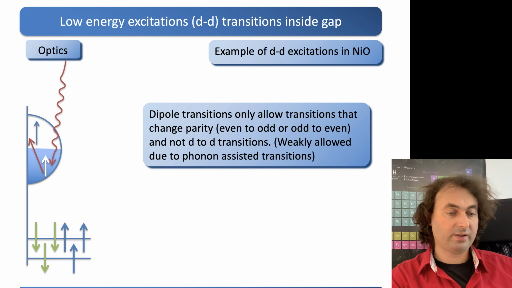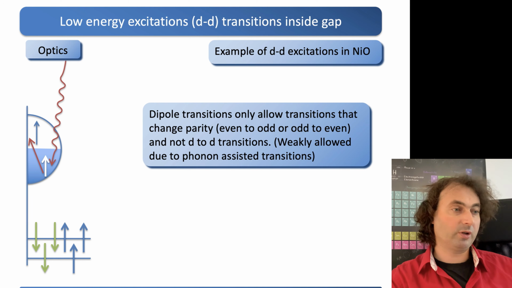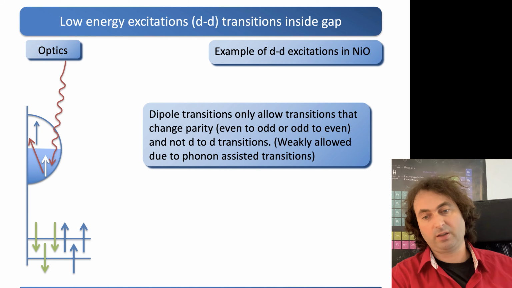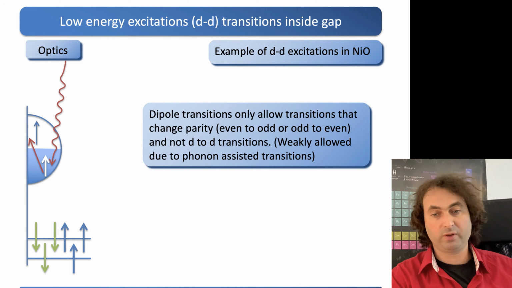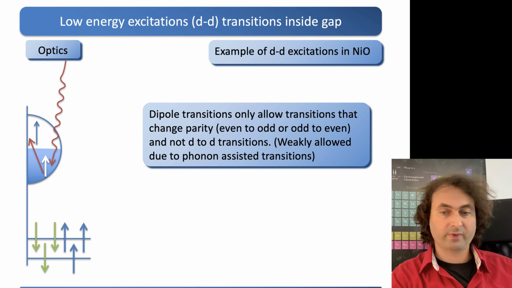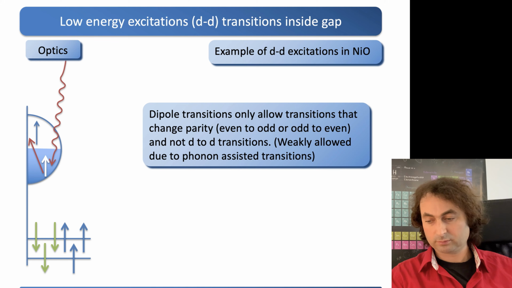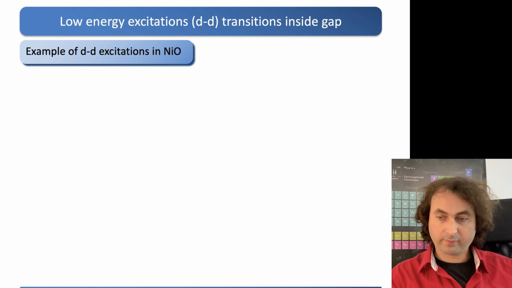Now you can always add a phonon that locally breaks the inversion symmetry, such that in optical experiments you do see these DD excitations, but they're very weak compared to the charge transfer excitations or Hubbard-U excitations that are much stronger.